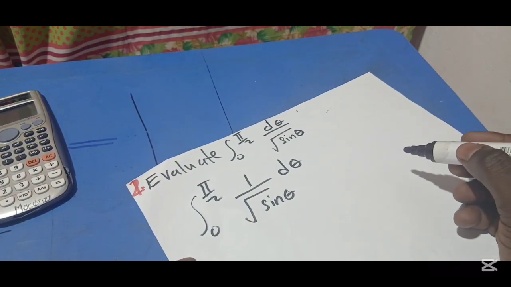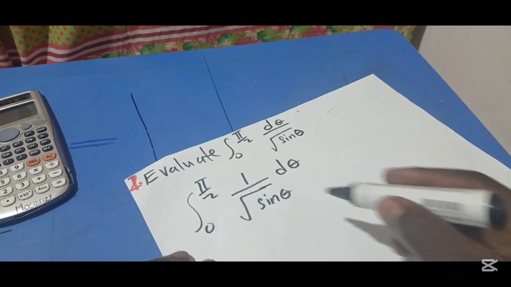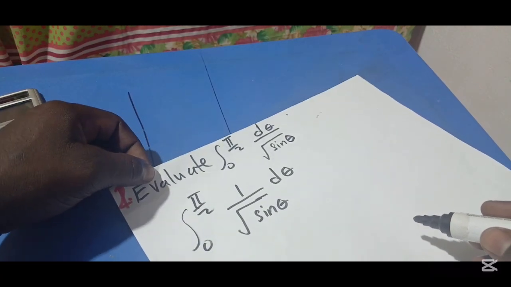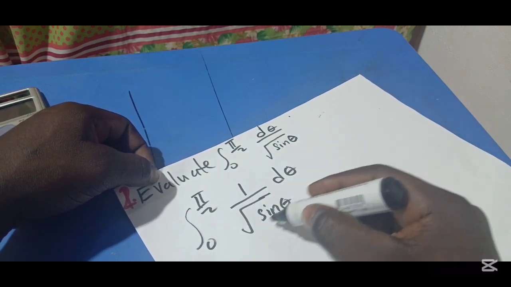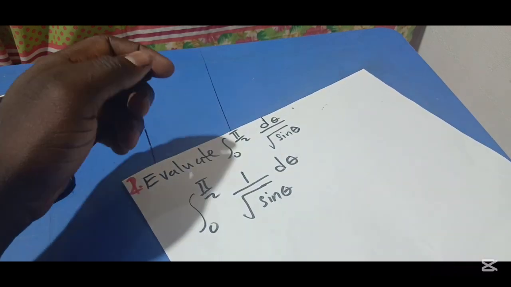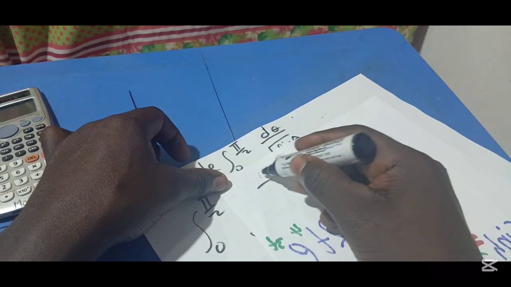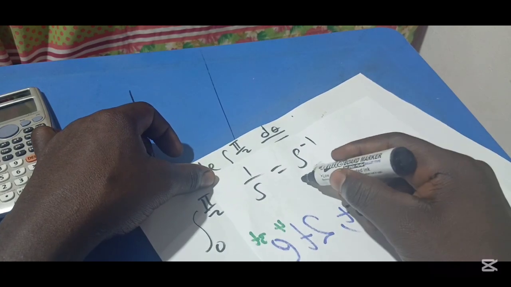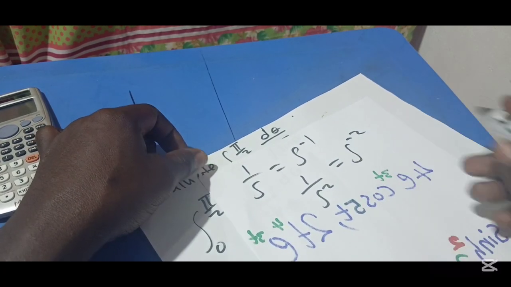I want you to write the square root of sine theta in a way that will help me solve my problem very easily. This is just the inverse of the square root of sine theta, right? From general math, we know that 1 over s is the same as s to the power negative 1, and 1 over s squared is the same as s to the power negative 2, just the inverse.